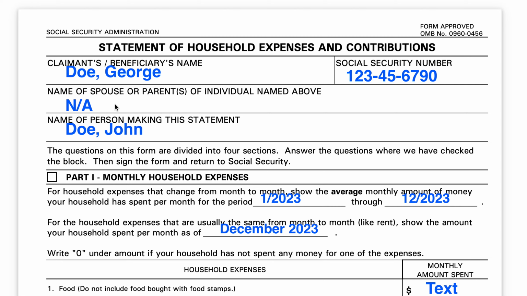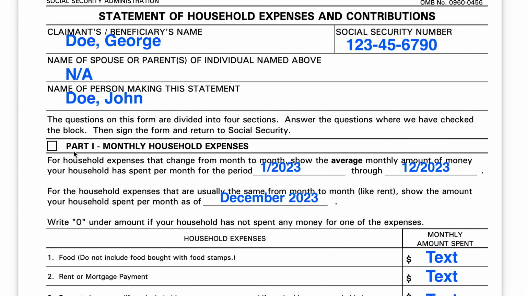Since this is George Doe's son making this, we're going to go ahead and put this down here. Now, the Social Security Administration may tell you to put the adult child of that individual. I am not sure. I was not able to find the guidance online for that. So let's go ahead and hit part one.